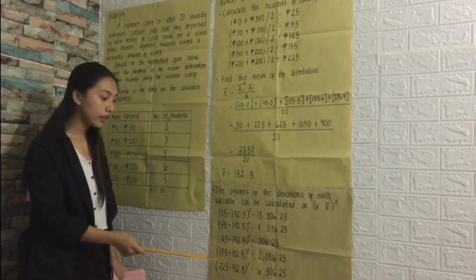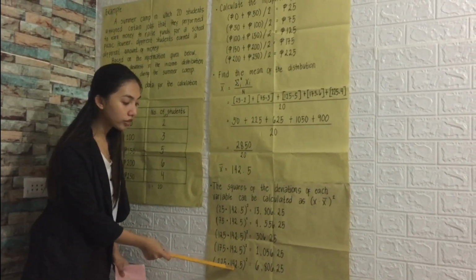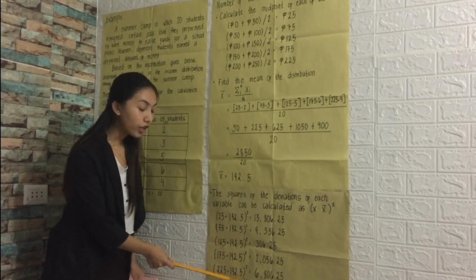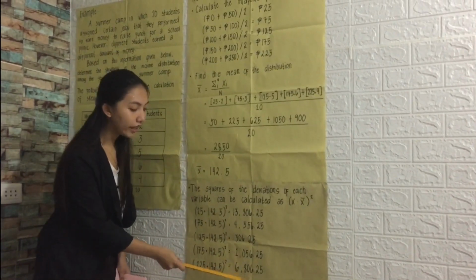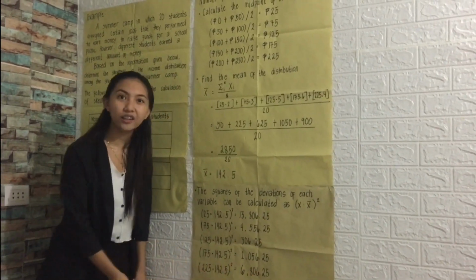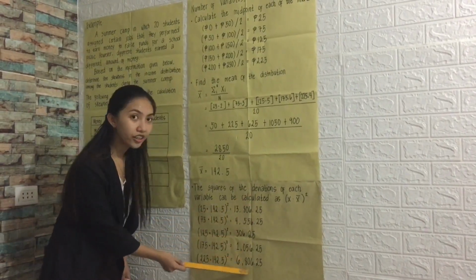And the last one is we have 225 minus 142.5, and we will square it again, which is equal to 6,806.25. So the results here are the squares of the deviations of each variable.